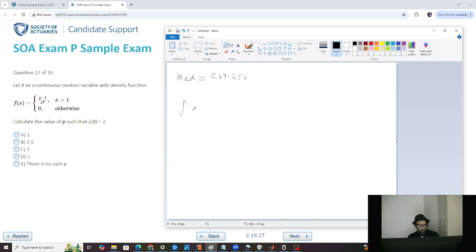If we're just going to integrate from 1 to infinity of density times x, so (p minus 1) over x to the p minus 1, or you can just write this as x to the 1 minus p.